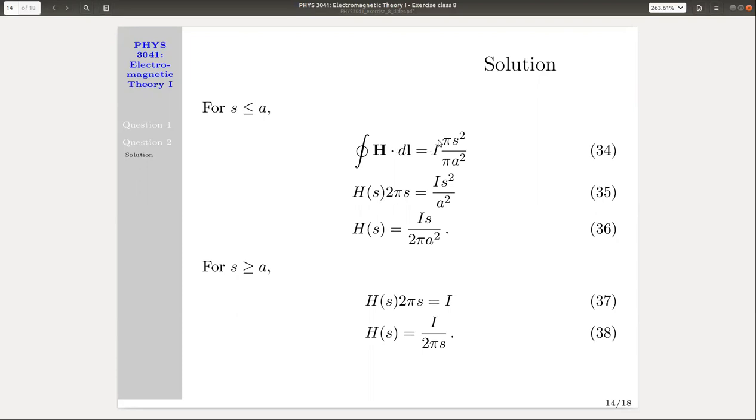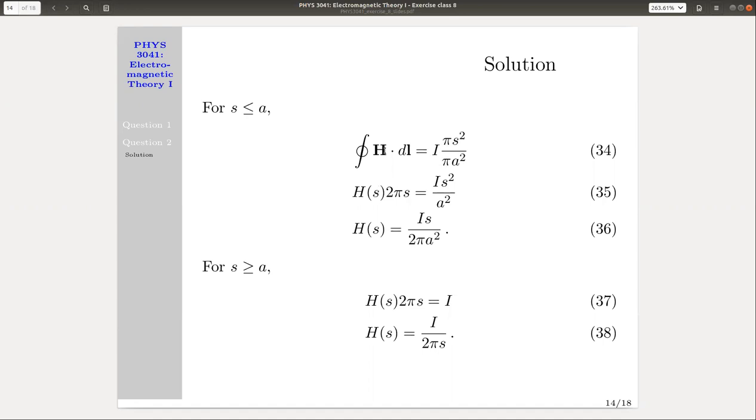Because the current density is uniform, inside the loop that we draw, the amount of current that we enclose is simply the total current multiplied by the ratio of the cross-sectional area of that loop to the total cross-sectional area of the wire.